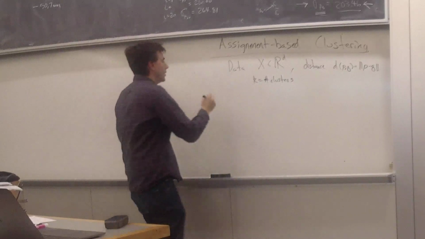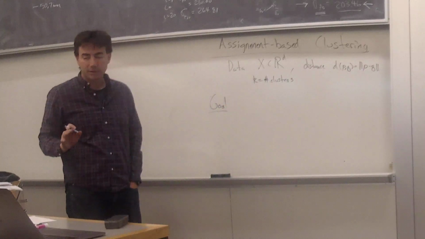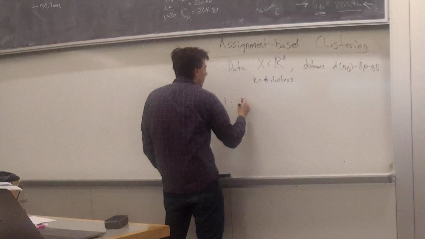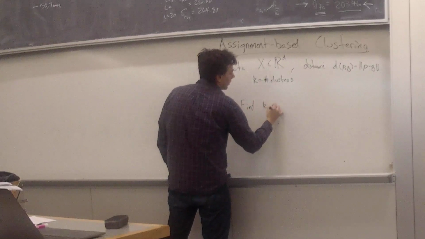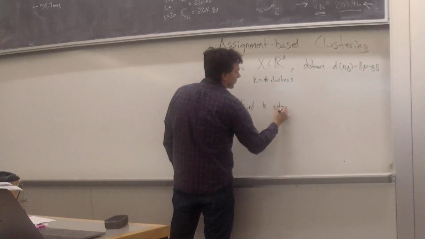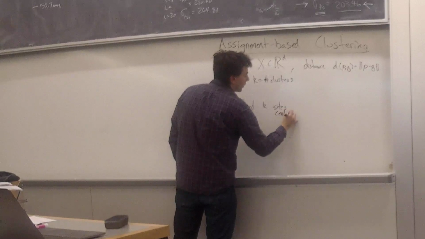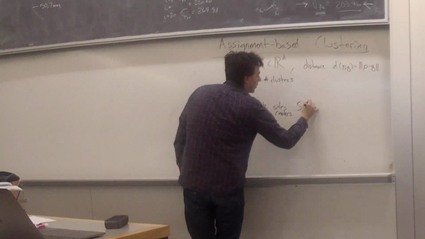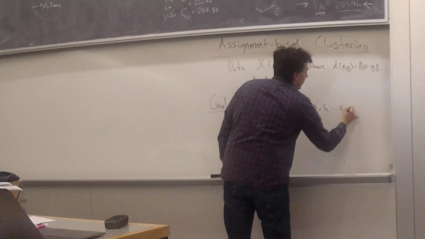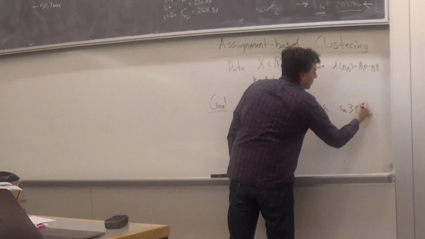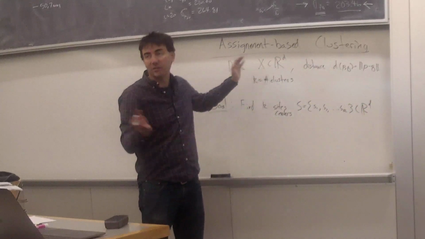Then we're going to make the goal more specific today than we did on Monday. We're going to find k sites, sometimes called centers, s1, s2, up to sk. This is going to be a subset of R^d, not necessarily a subset of X, so not necessarily the inputs.